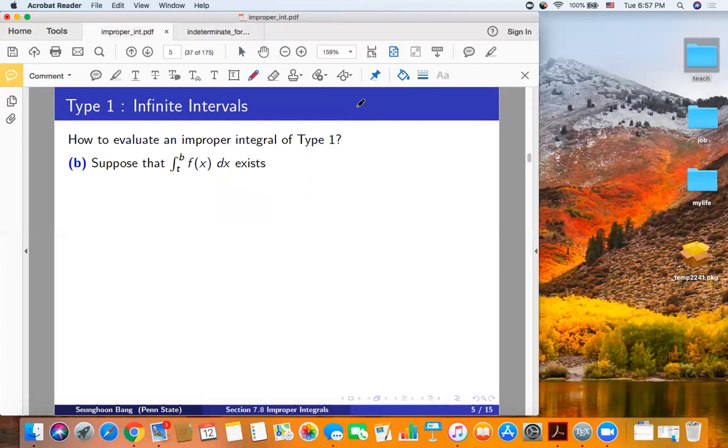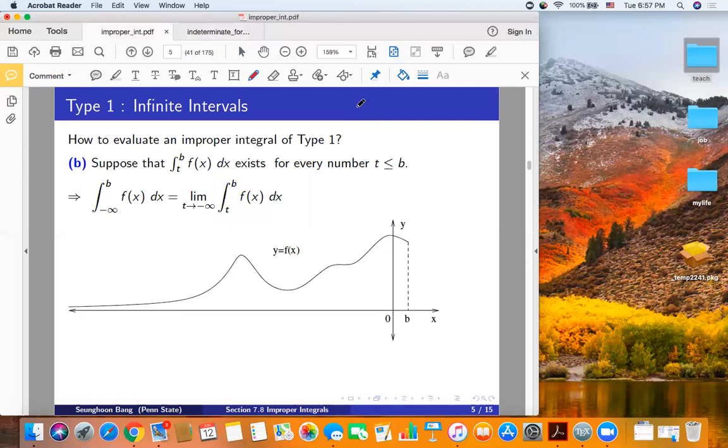suppose that the integral from t to b of f of x dx exists for every number t less than or equal to b. What is the integral from minus infinity to b of f of x dx? Very similar. The only difference is the limit as t approaches minus infinity of the integral from t to b of f of x dx. This means all the area from minus infinity to b.